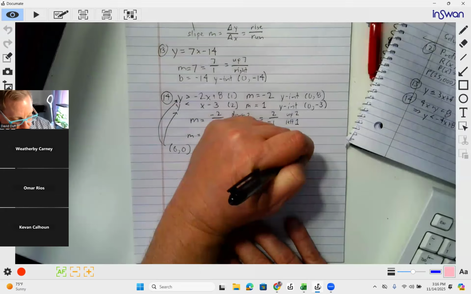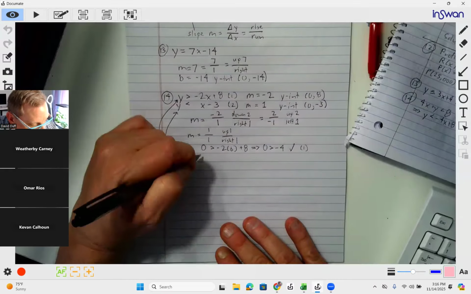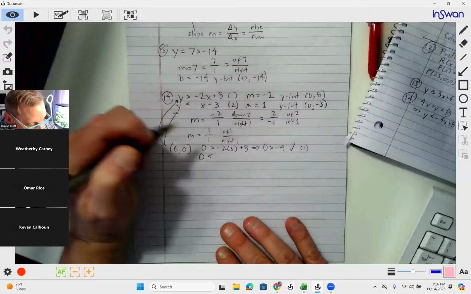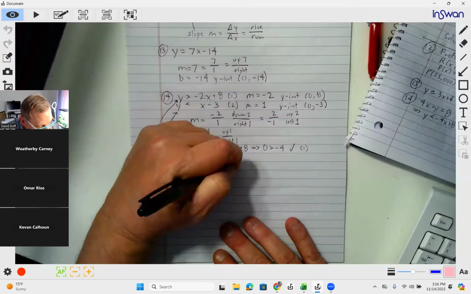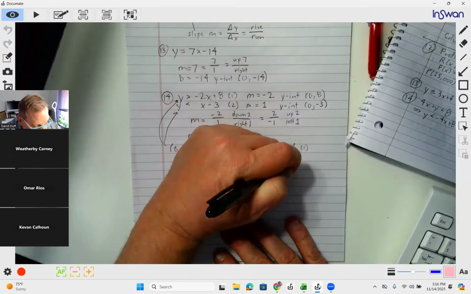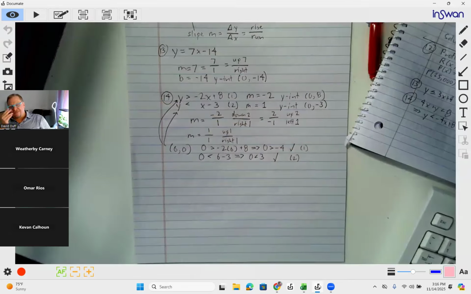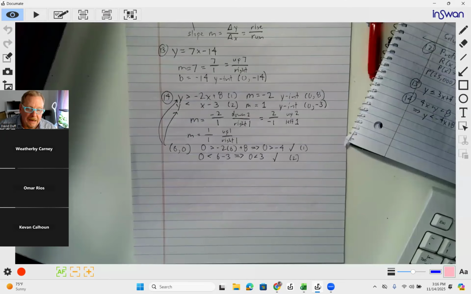So that's for equation 1. Now, equation 2, I'm going to say, is 0 less than 6 minus 3, which would be, is 0 less than 3, and that is true. So we have, in fact, selected the right region because all the values in that region, when plugged back into the original equations, will make them both true.